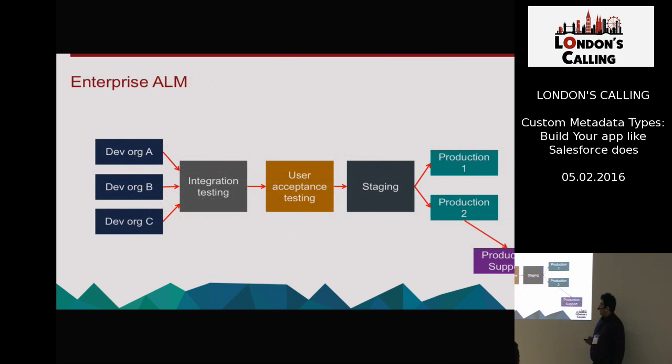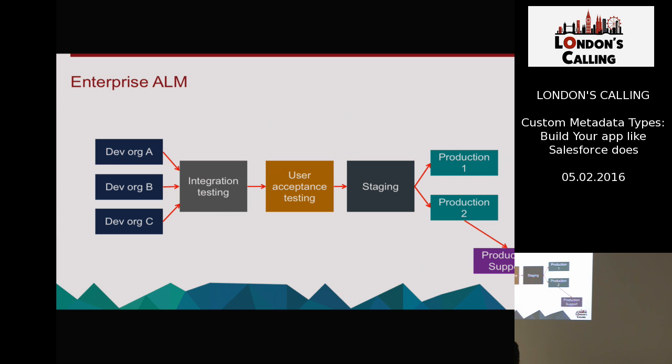But even in an ALM context for an enterprise, this is a configuration that we see pretty regularly: the enterprise developers do their work in developer edition organizations. Then when it comes time for integration testing, they push into maybe a setup-only sandbox.